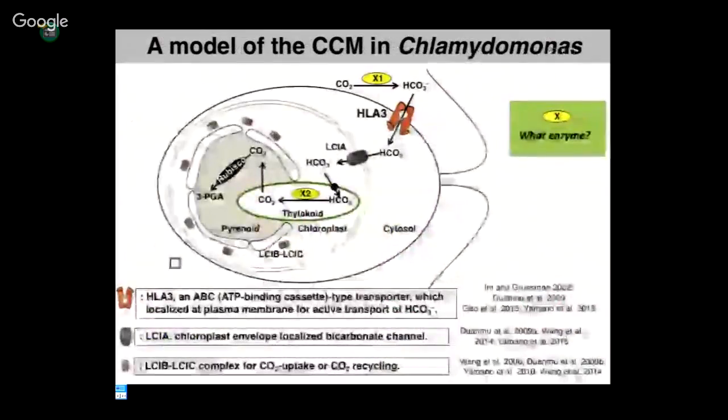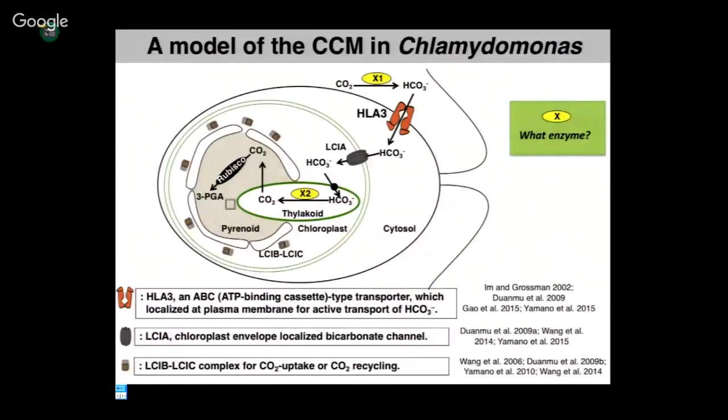Actually, this is a model of the Chlamydomonas cell. At first, I have to mention the specialized localization of Rubisco, an accumulated area we call the pyrenoid, which is very rich in Rubisco enzyme in the chloroplast.